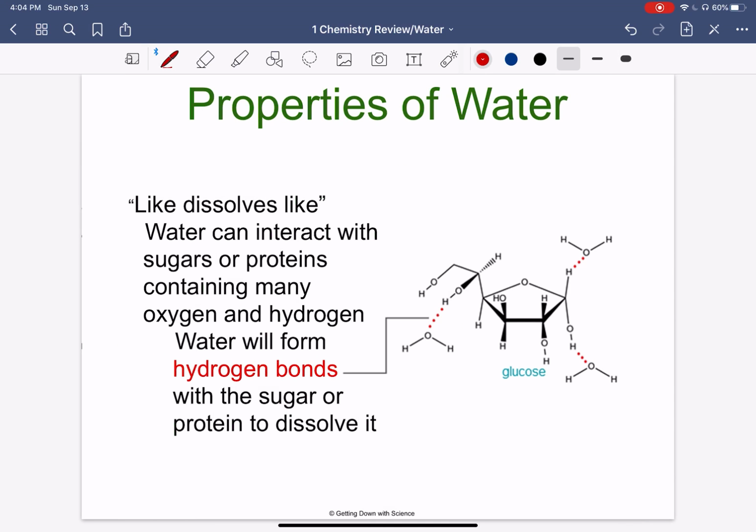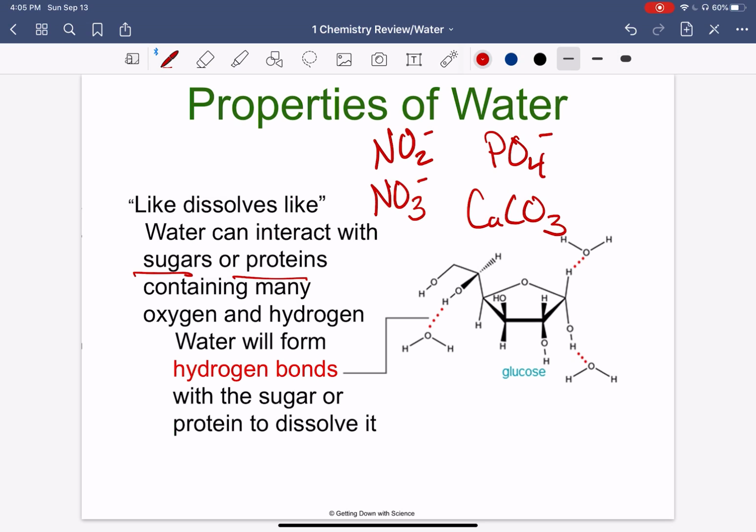So this is kind of what I was talking about before. Things like sugars and proteins, because they're already charged, they tend to dissolve well in water. Other things that dissolve well in water: nitrites, nitrates, phosphates, calcium carbonate. This is neutral, but when you put it in water, it actually breaks apart just like sodium chloride does.